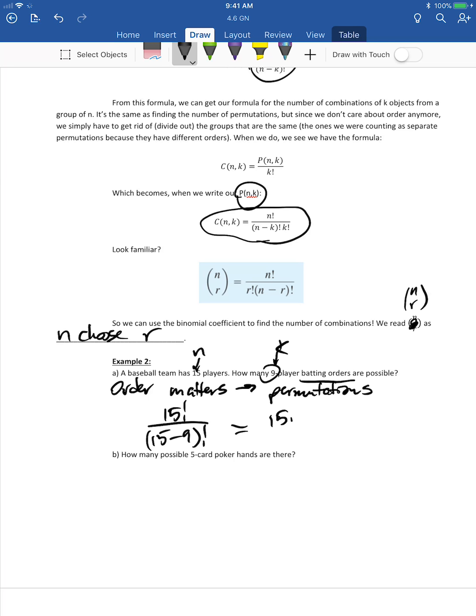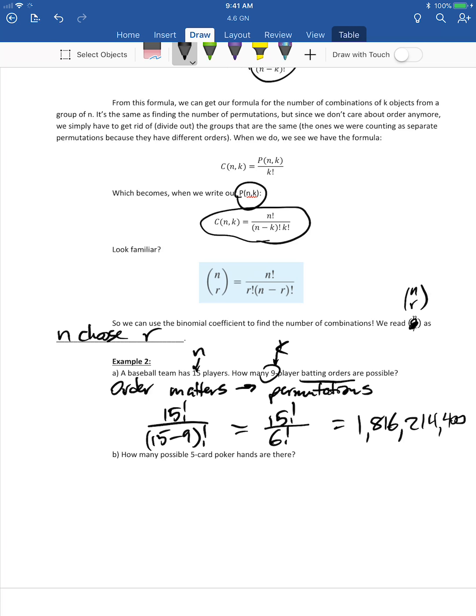So 15 factorial over 6 factorial. And we get 1,816,214,400 different possible batting orders on this baseball team. That's an insanely large number. Truly. But this is the formula.